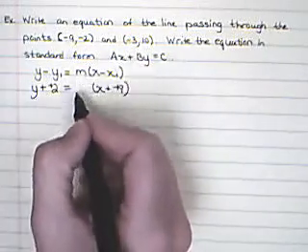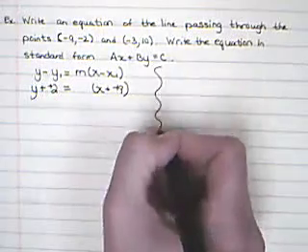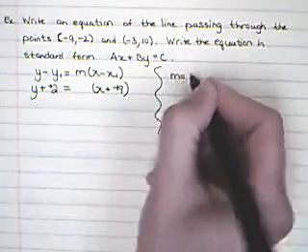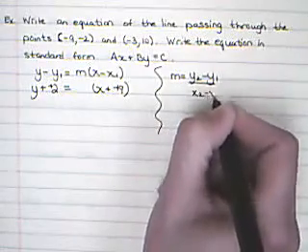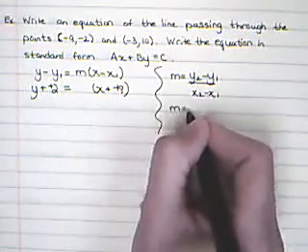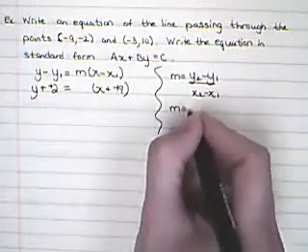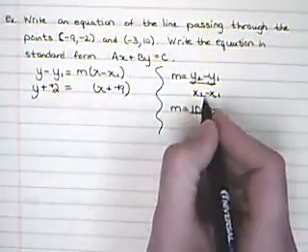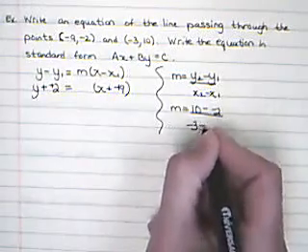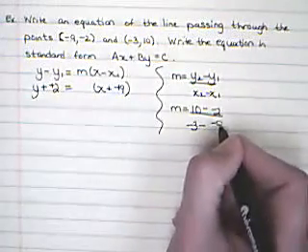What we do not have is the slope, so we would need to use our slope formula. Our slope formula being y sub 2 minus y sub 1 over x sub 2 minus x sub 1. y sub 2 from point 2 is going to be 10 minus y sub 1, which is negative 2, divided by x sub 2, which is negative 3, minus x sub 1, which is negative 9.